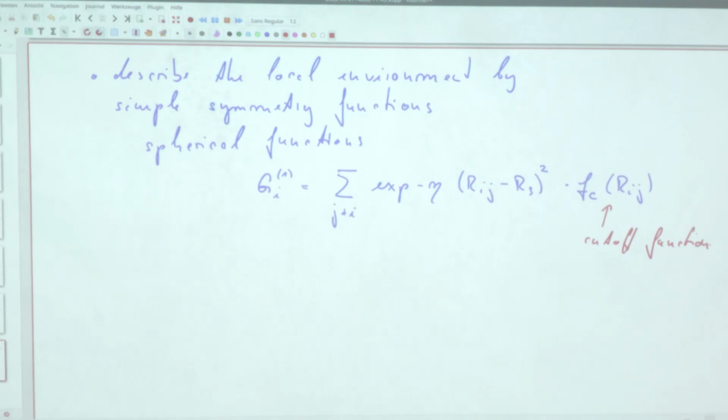Rij is the distance to the neighboring atoms, over which we perform a summation. And the eta is the fitting parameter, so that's the range, the half width of this Gaussian. So basically, this is a fitting parameter.